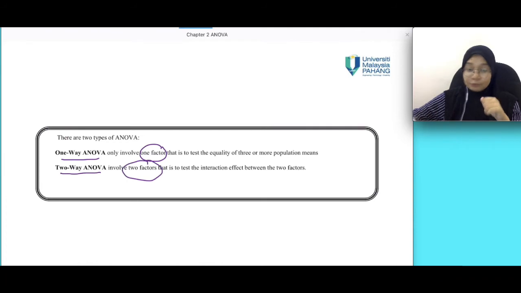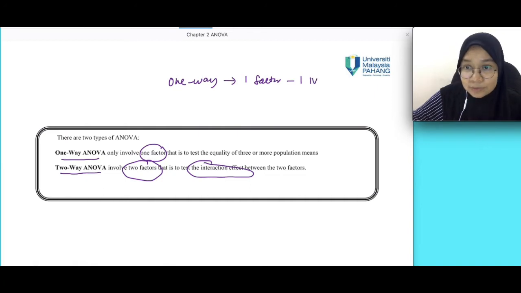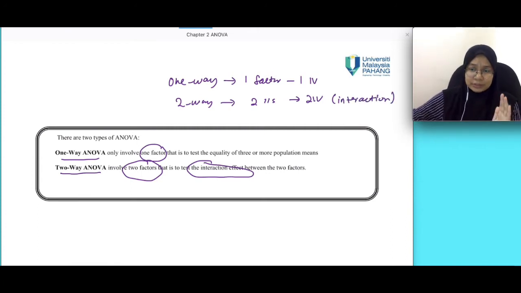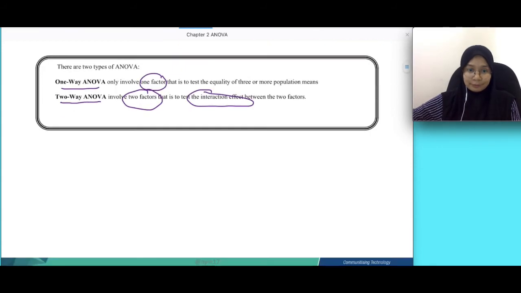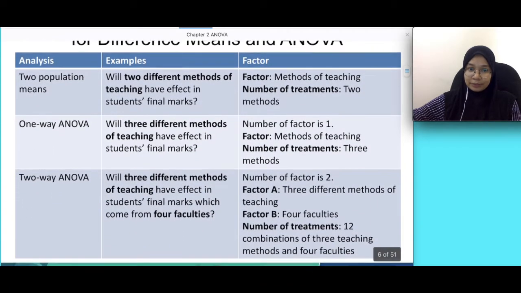Two-way ANOVA involves two factors, meaning two independent variables, and we want to test the interaction. Is there any interaction between the two factors? These are the differences between one-way ANOVA and two-way ANOVA.